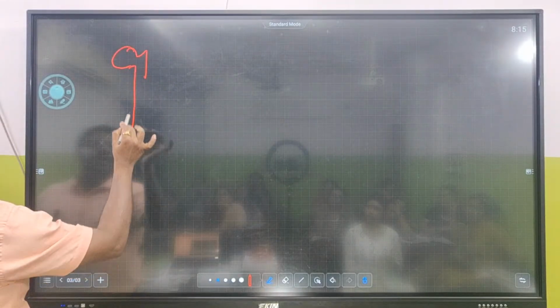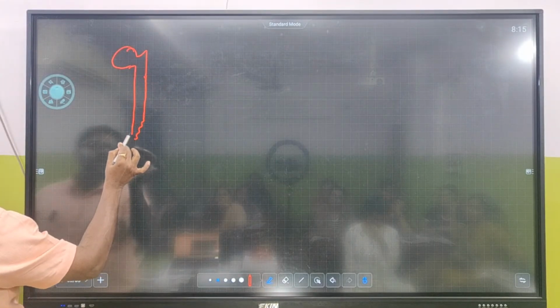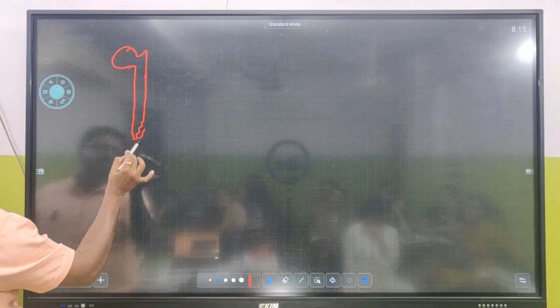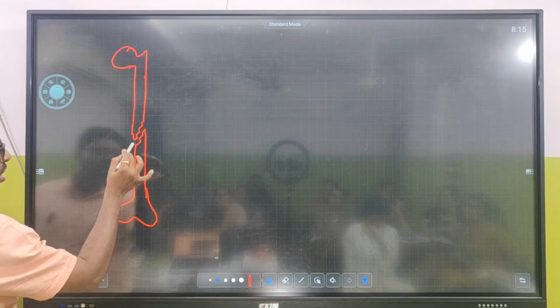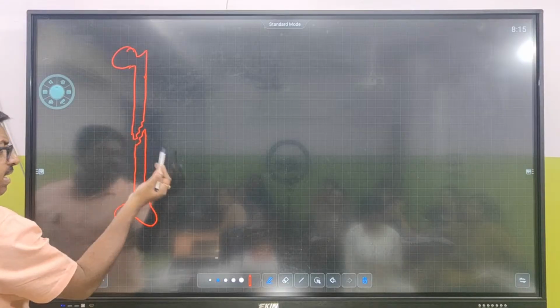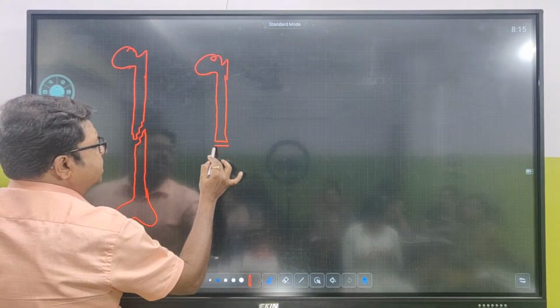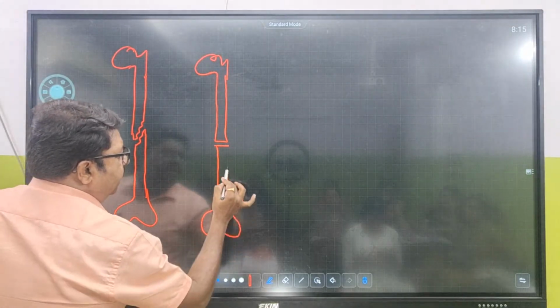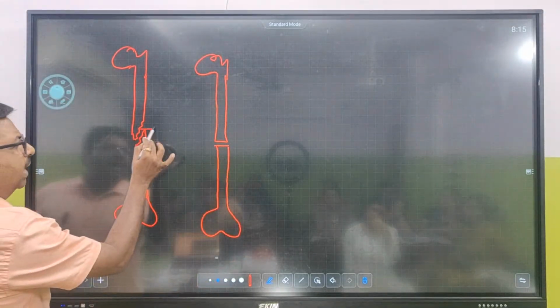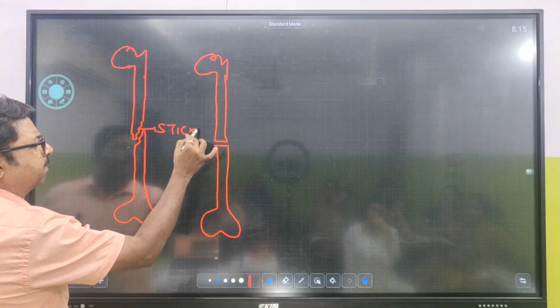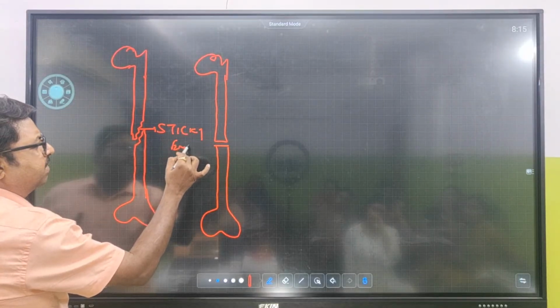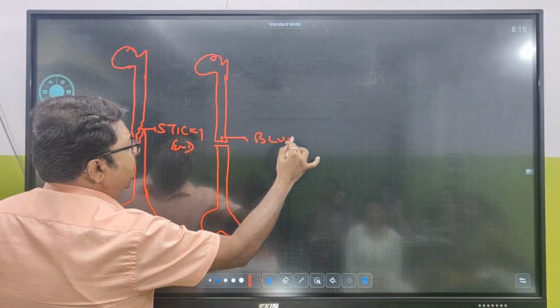Just like if a bone gets broken in this fashion, the chances of it sticking back will be maximum compared with a blunt end like this. If the bone gets cut in this fashion, this is what is called a sticky end, and this one is called a blunt end.